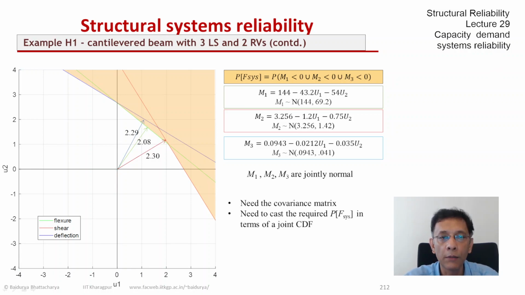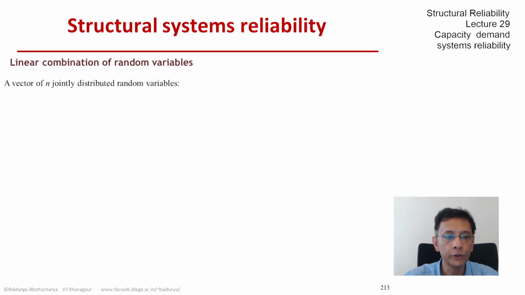So we need to somehow cast this as a problem of joint CDF, so we need intersection of events, not union of events. So let's see how we are going to do that. To do that, we need to go back to what we learned earlier in part A of this course, linear combination of random variables.